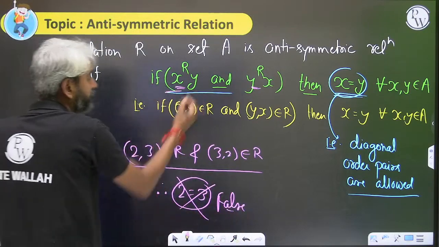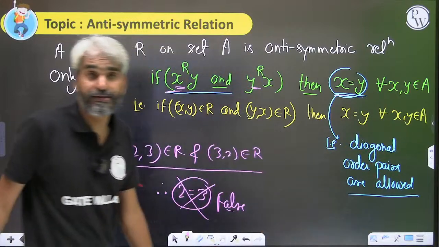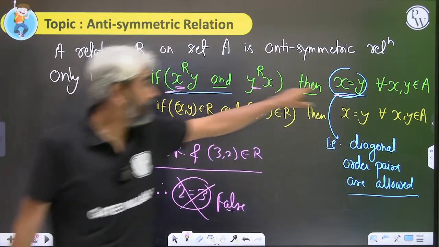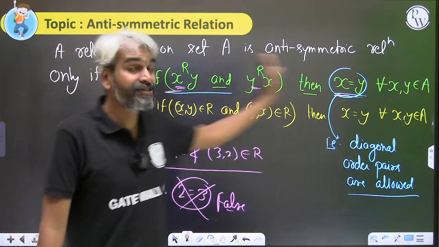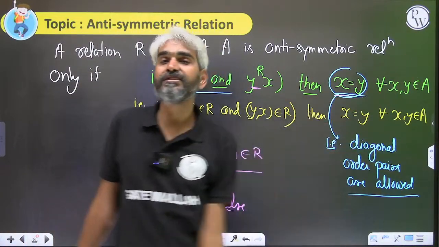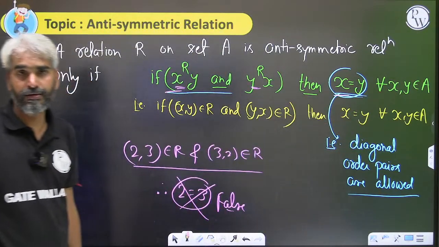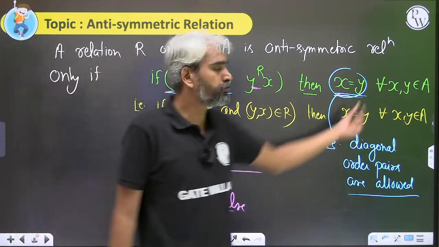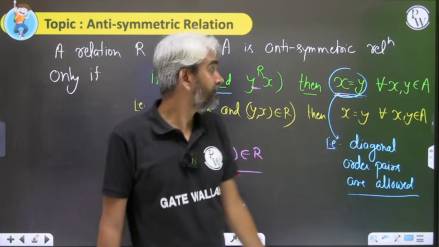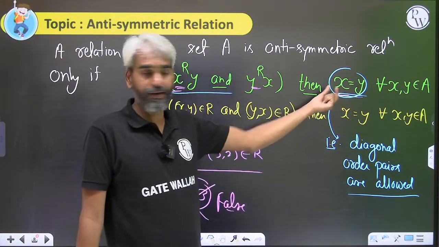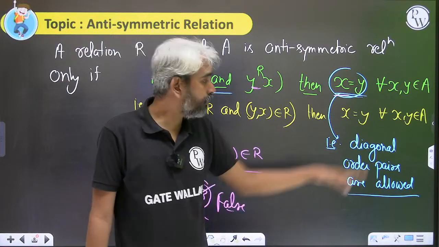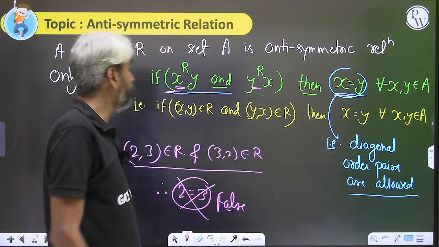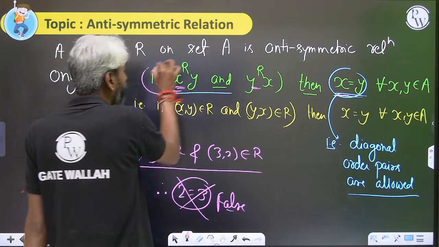So when the if condition is true, the then statement becomes false. When that happens for any ordered pair, the whole statement becomes false and the for all starts returning false. But this for all should return true. So what's the constraint? Either the ordered pair should be a diagonal ordered pair, or if it is not, then the if condition itself should be false.